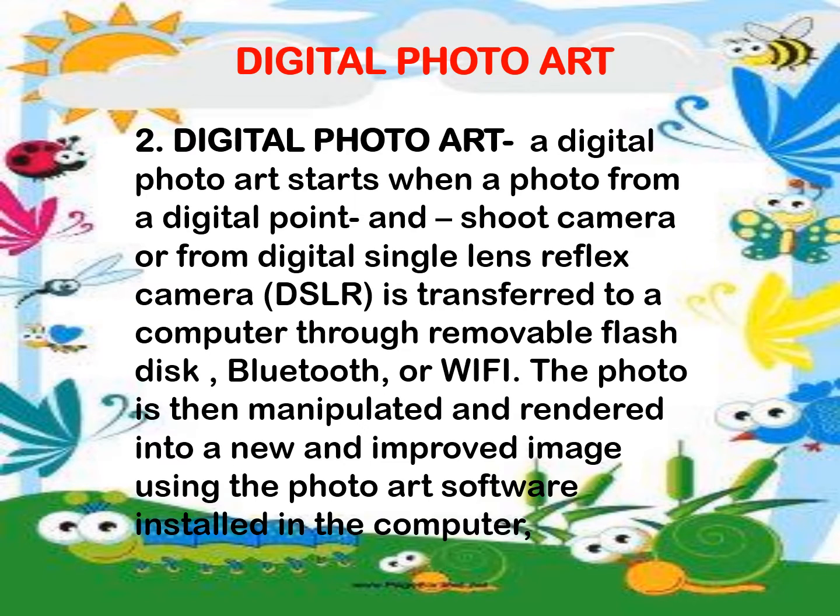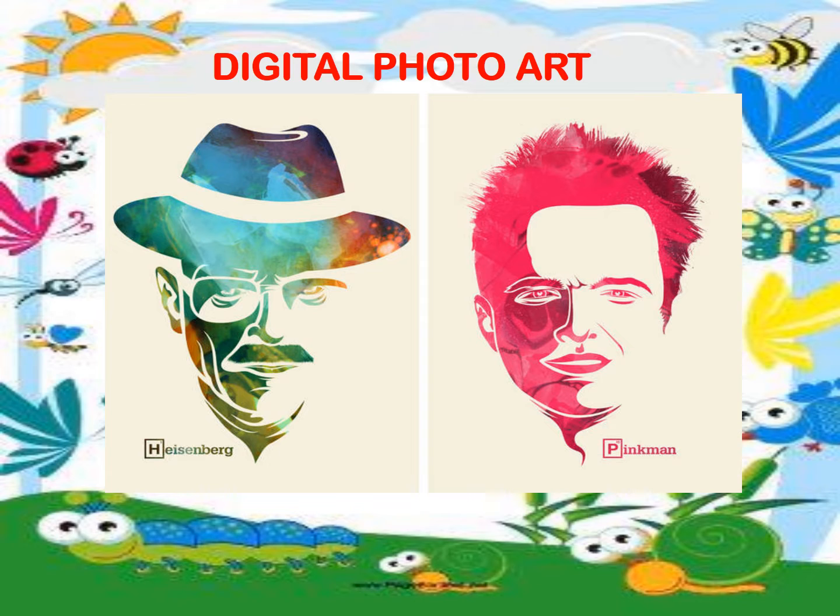The photo is then manipulated and rendered into a new improved image using the photo art software installed in the computer. So, kailangan meron kang naka-installed sa iyong computer or laptop na photo art software para magawa mo yan. Tsaka dapat meron ka rin sanang DSLR. Digital photo art.